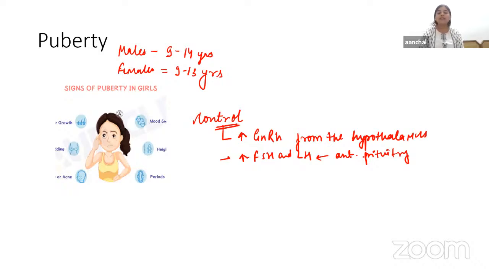Now, at the time of puberty, there is an increase in secretion of adrenal androgen, and this is due to the secretion of adrenal androgen stimulating hormone, again from the pituitary gland. Okay, so all these things will keep on increasing and will lead to the changes in both male and female. Now next we are going to learn about the stages of changes. What stages are there? So if we talk about the stages of puberty, we are going to learn 5 stages.